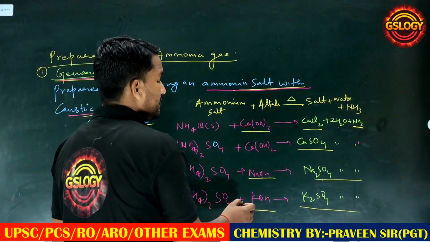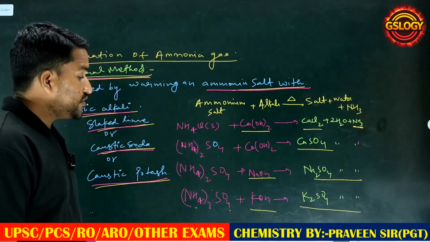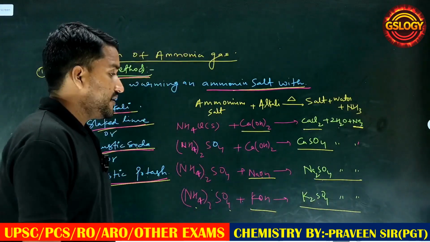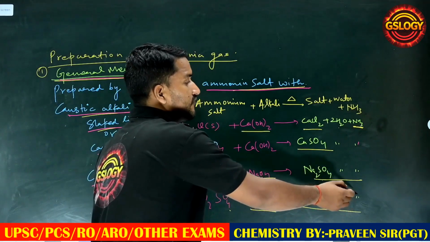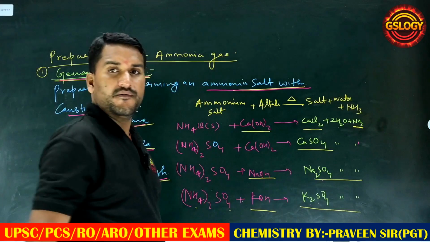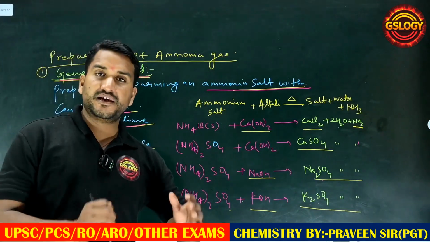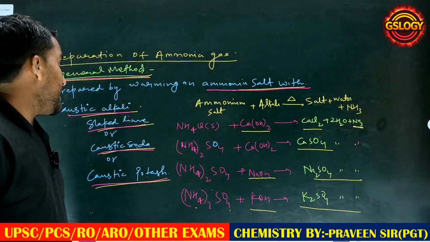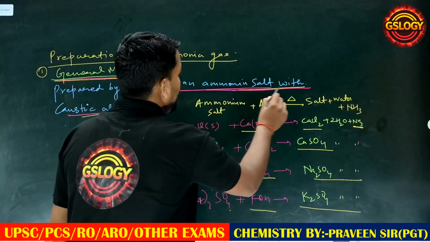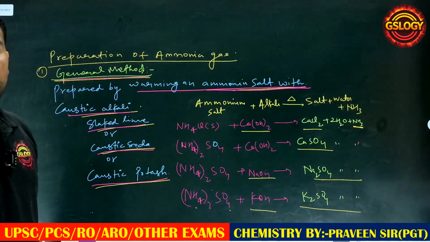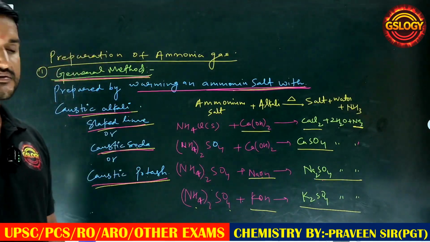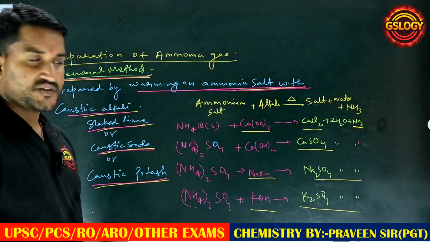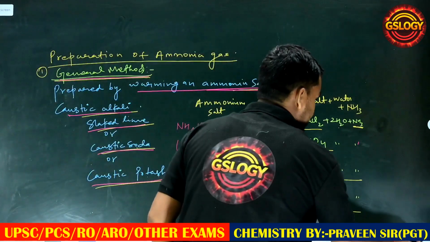Next, ammonium sulfate, when treated with potassium hydroxide, forms potassium sulfate, water and ammonia. So the general method of preparation of ammonia gas is warming an ammonium salt with bases like slaked lime, caustic soda and caustic potash. Clear?